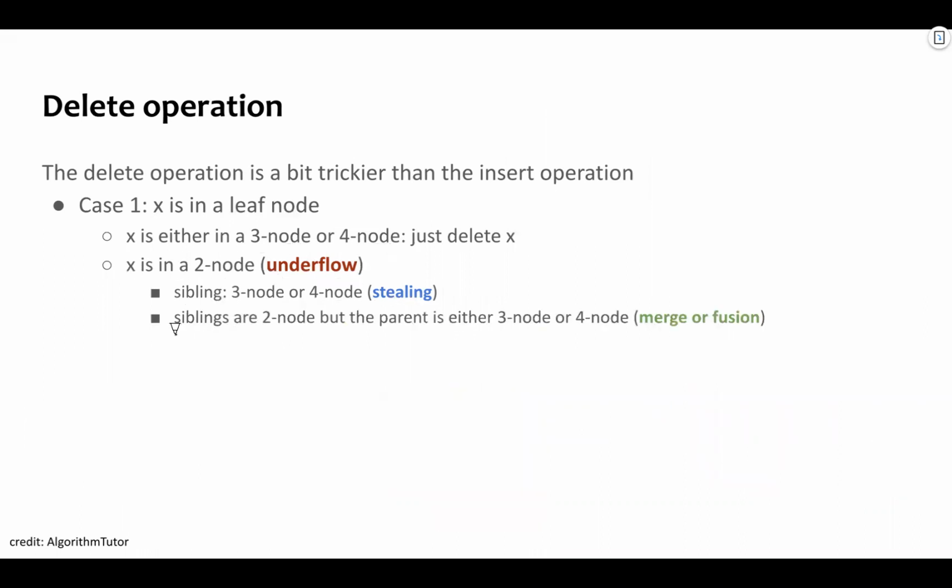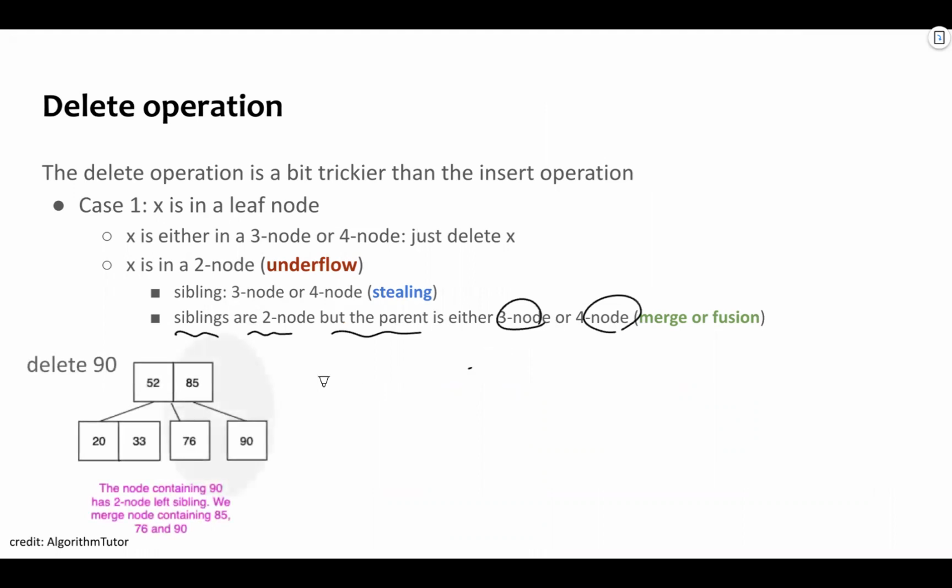And let's say the siblings are 2 nodes, but the parent is either a 3 or 4 node. In this case, let's say we want to delete 90. However, its sibling, which is 76, is just a 2 node. However, the parent has 2 items.